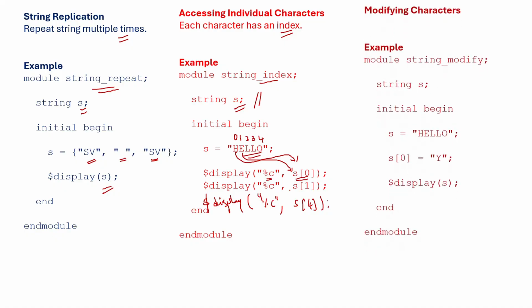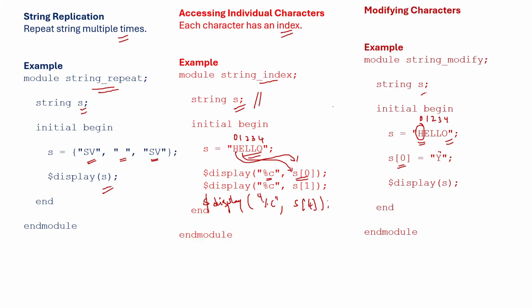And if you want to modify any string, suppose hello is there, right? Same example, string s is there, and then s is assigned hello. I want to change whatever is in s. This is the 0th index, this is the first index, second, third, and fourth. In the first index I want to change this letter.